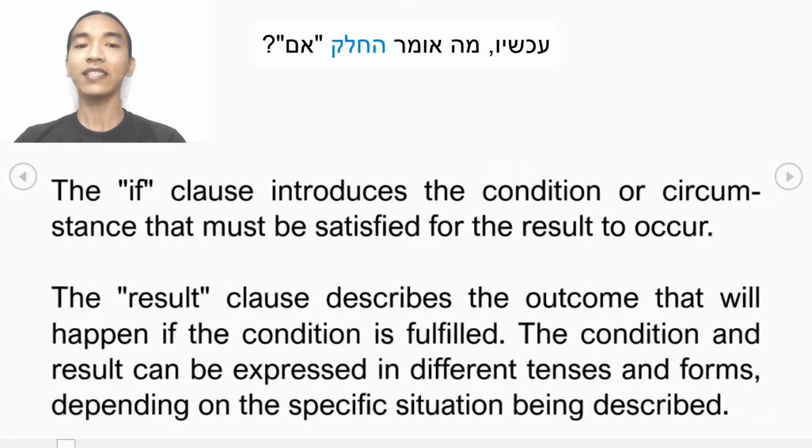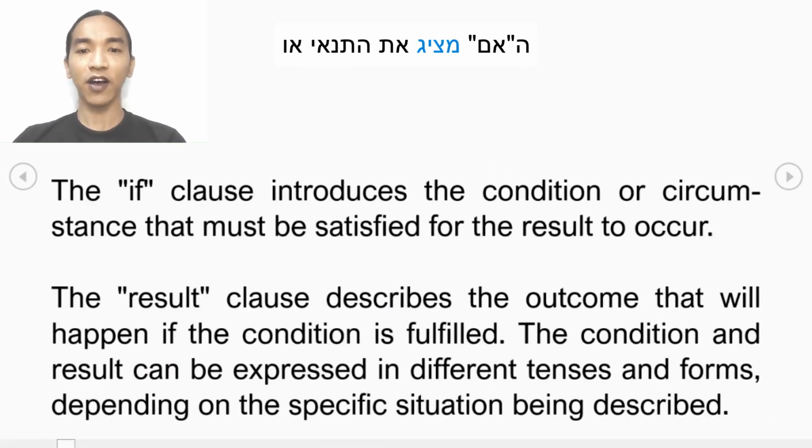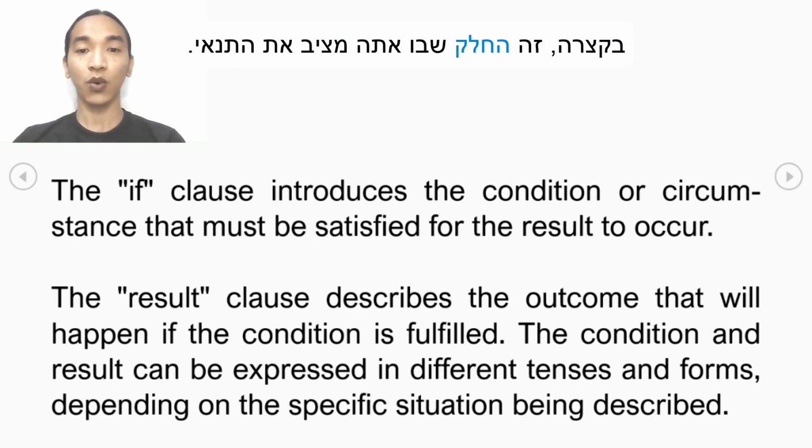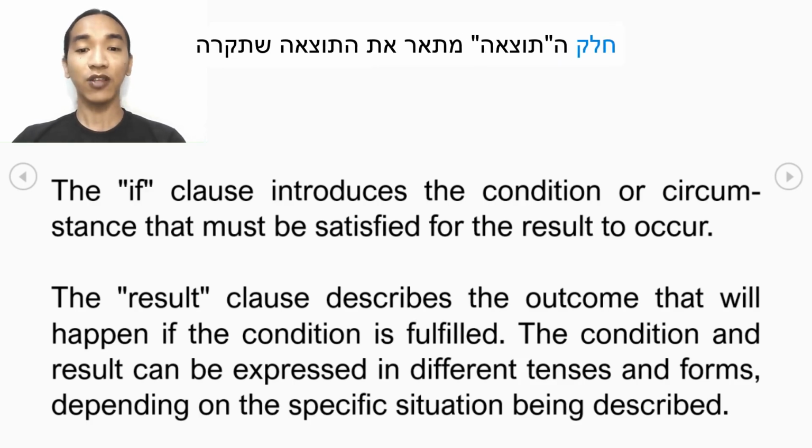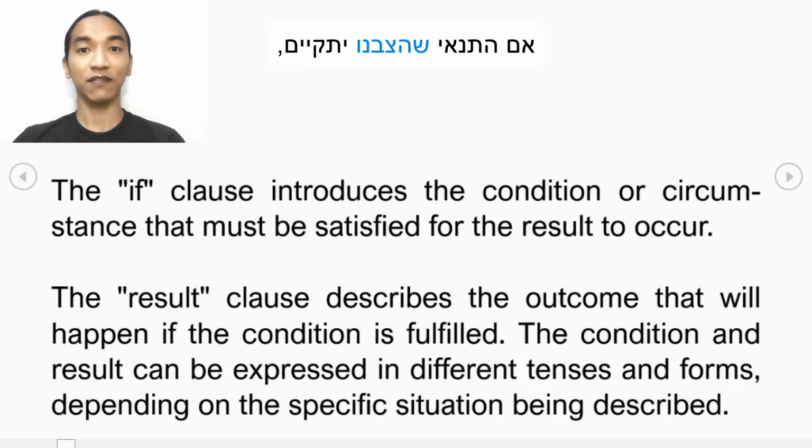Now, what is the if clause? The if clause introduces the condition or the circumstance that must be satisfied for the result to occur. In short, this is where you put your condition, the part of the sentence that expresses the condition. Now, the result clause describes the outcome that will happen if the condition is fulfilled.